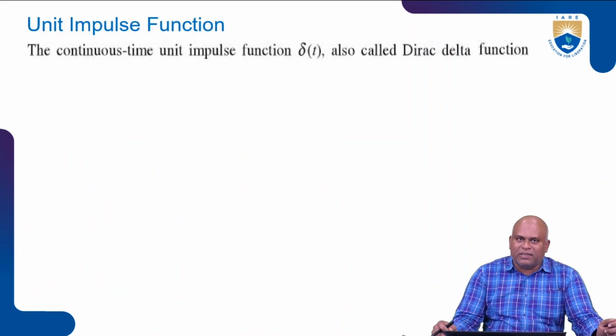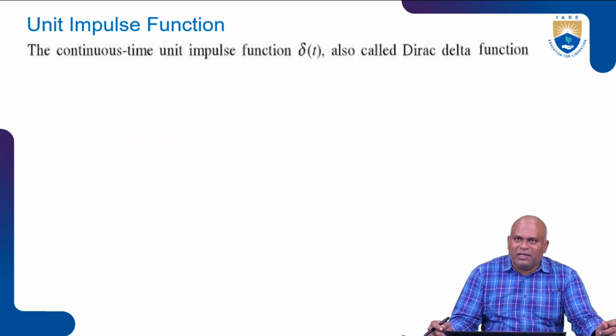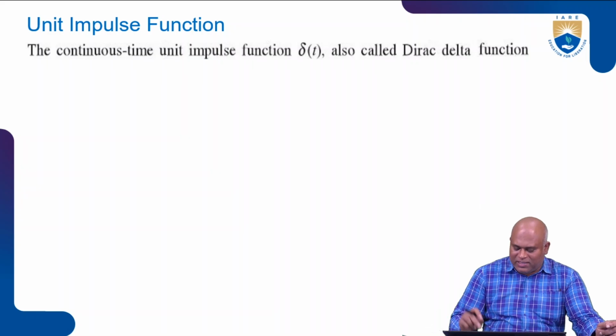Unit impulse function, this one is very important for communication students as well as for signal analysis applications. The continuous time unit impulse function delta of t is also called the Dirac delta function.